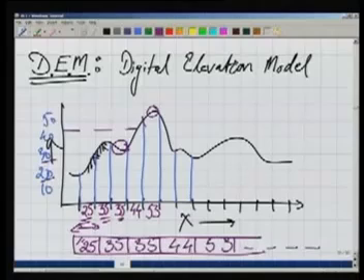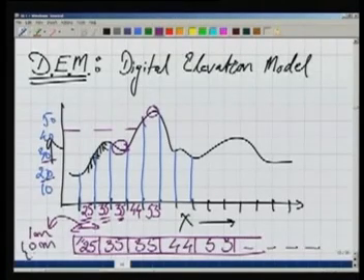Now this size could be 1 meter, 10 meter, 100 meter, or any value. In order to represent the ground more faithfully, the cell size should be as small as possible. But at the same time, if you take a very small cell size, our data volume will be very large. If you take the cell size to be very large, we may not be able to represent the ground well.